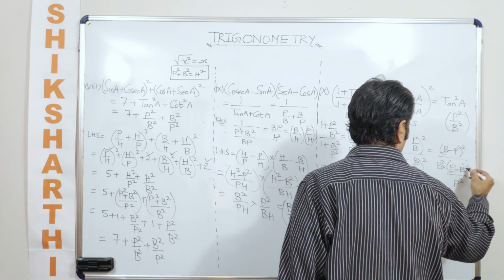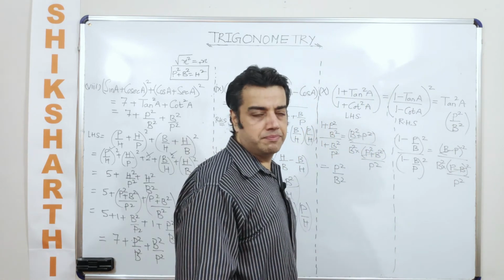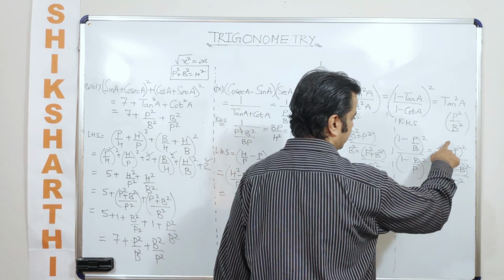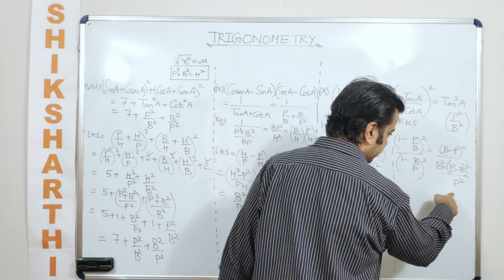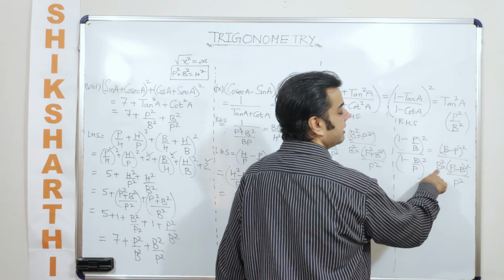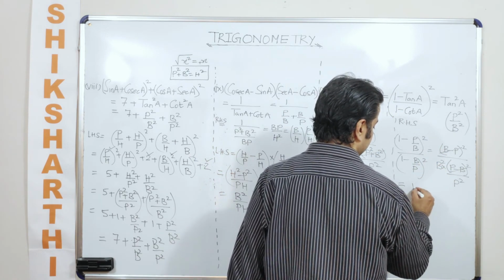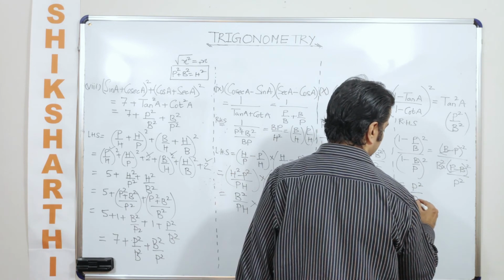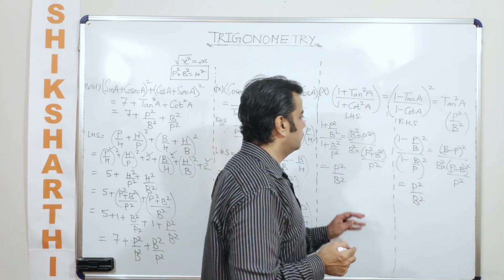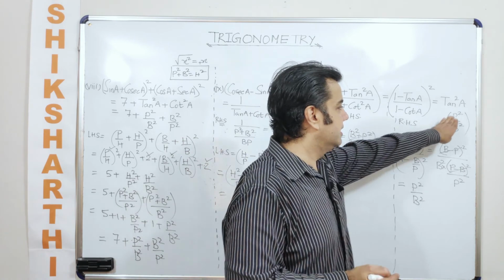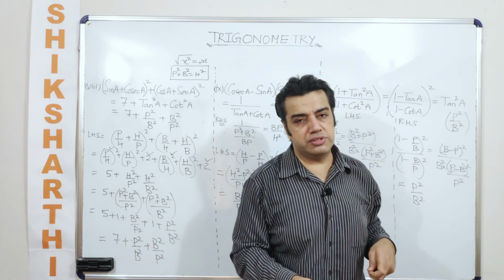Now (b minus p) whole square is the same as (p minus b) whole square. So they get cancelled out and eventually you get what? 1 divided by p square divided by 1 divided by b square divided by p square, which is just like saying this is nothing but p square by b square, which is equal to your rightmost term. So you will say LHS is equal to RHS is equal to the rightmost term which was given in this question.